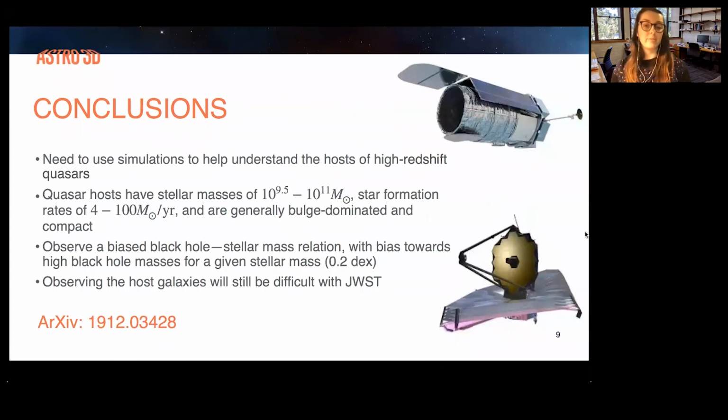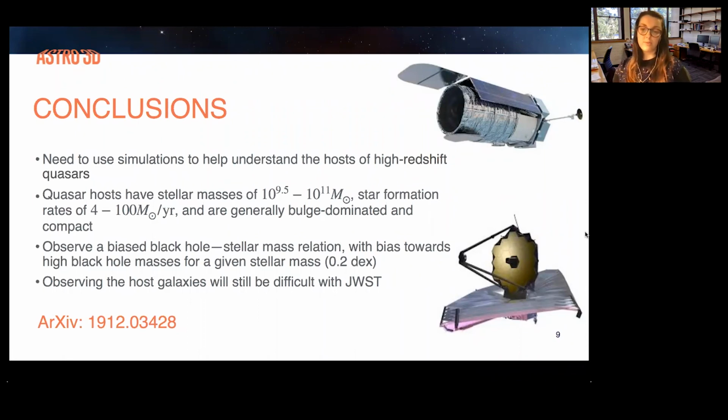And one thing that we find is particularly different about quasar hosts is that they're generally quite compact. We also note that if you observe quasars at high redshift, you'd observe a black hole stellar mass relation biased relative to the intrinsic relation. And unfortunately, observing the host galaxies will still be difficult with James Webb.